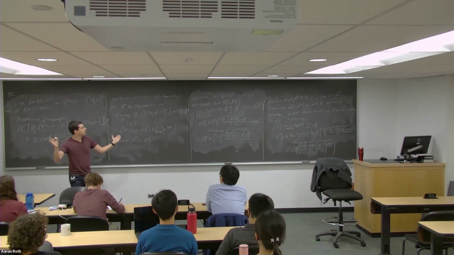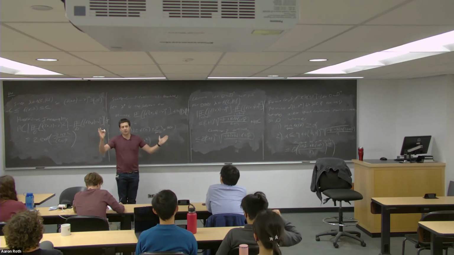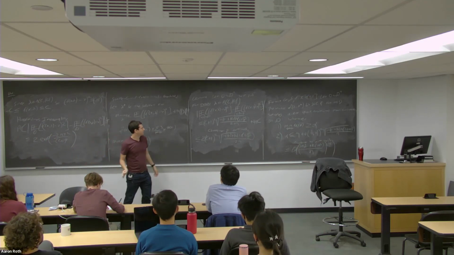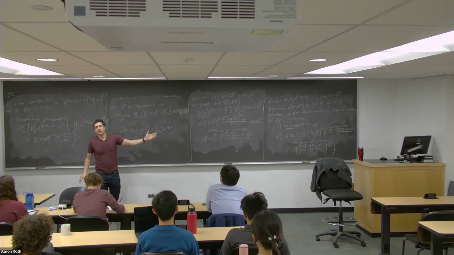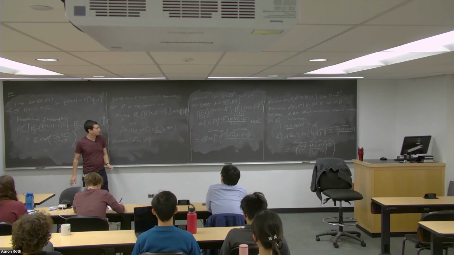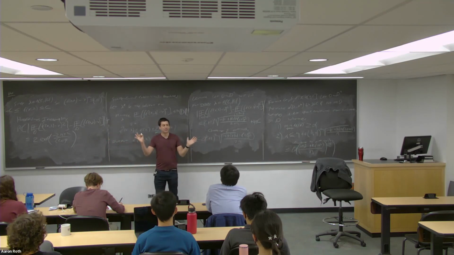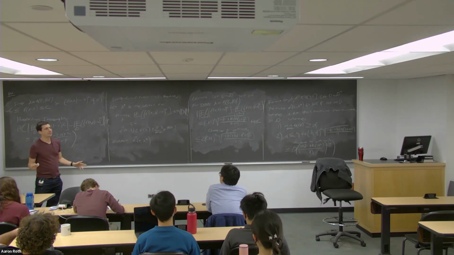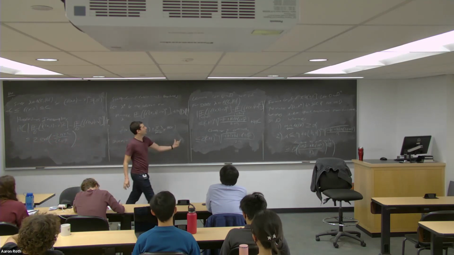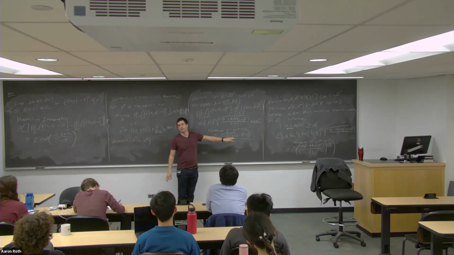In the worst case, when I look at the squared error of lambda star out of sample, it's worse than I thought by this quantity. And when I look at the squared error of the optimal solution in sample, it's worse than I thought by this quantity. And so in the worst case, the thing that I thought was optimal in sample can be out of sample worse than the truly optimal thing by at most twice this quantity.